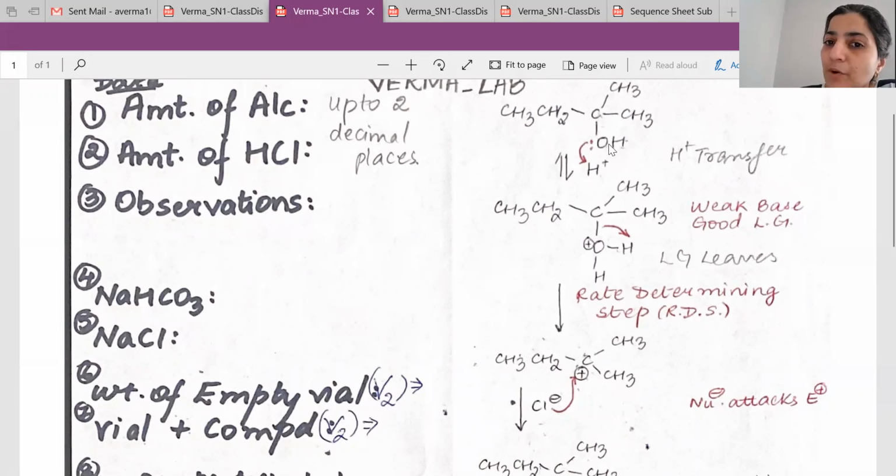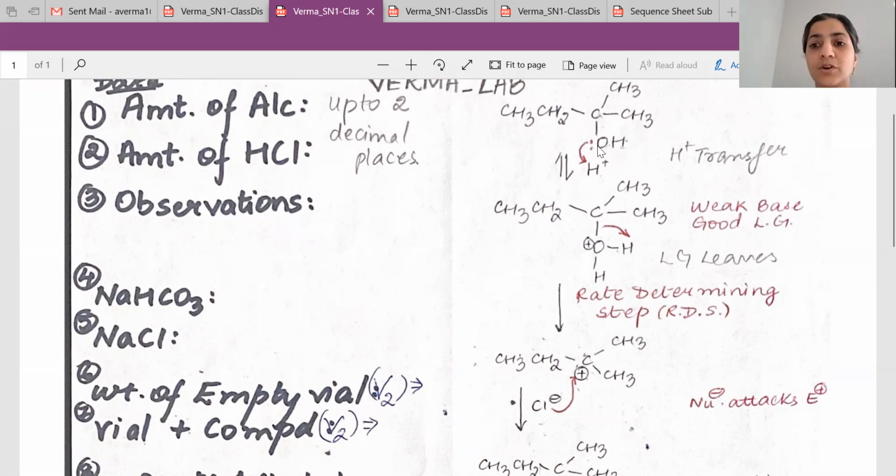Whenever you have a leaving group, you scan the molecule for vulnerable sites or a polar bond, and you see that this is the polar bond where the substitution can happen. But looking at it, OH is a bad leaving group.